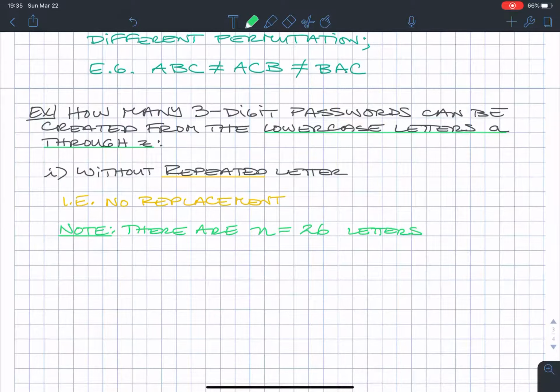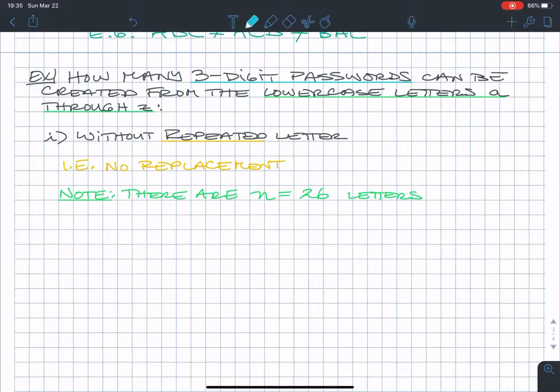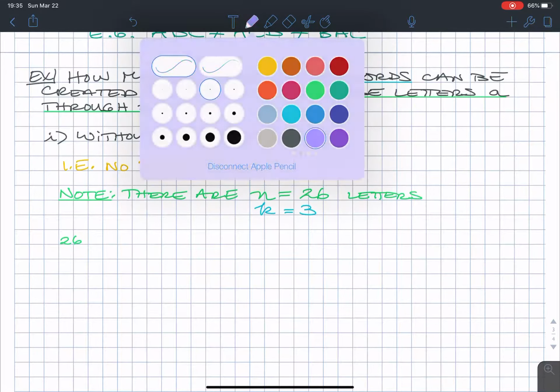Okay, and how many three-digit passwords do I want? So I'm choosing, so k will be 3. So I'm trying to find 26 permute 3.